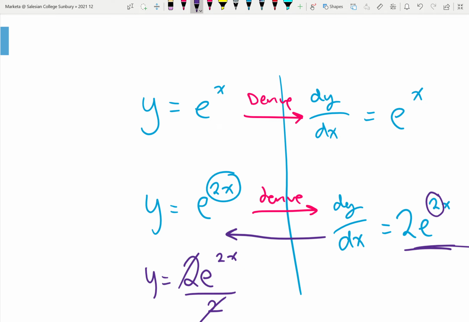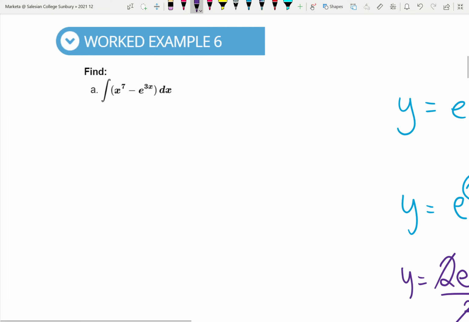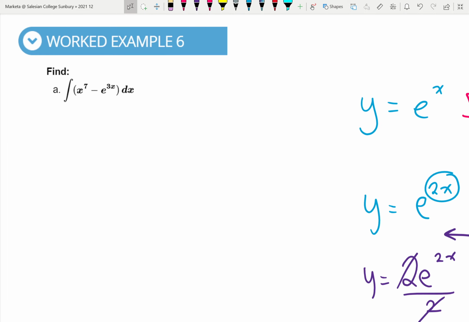So let's apply that. We can say x to the 7 is going to become 1/8 of x to the 8, and then minus 1/3 e to the 3x plus c.